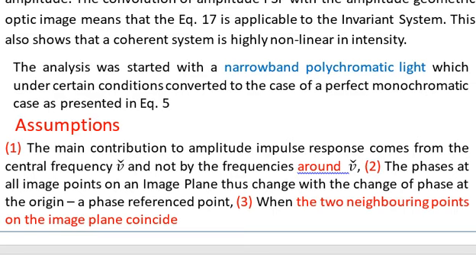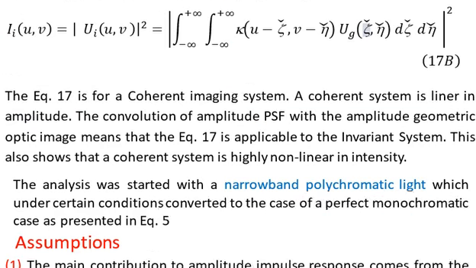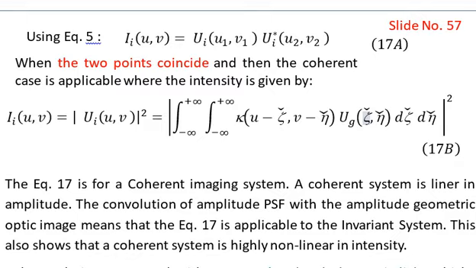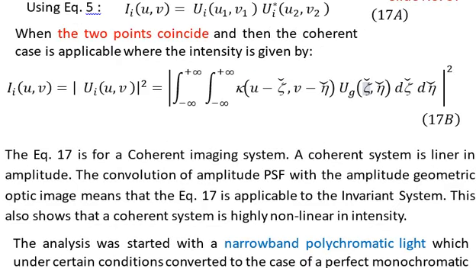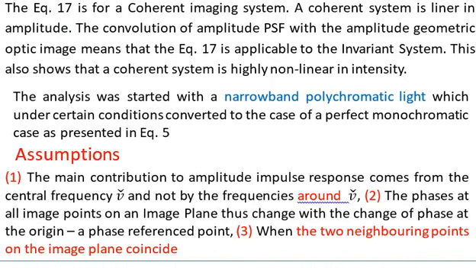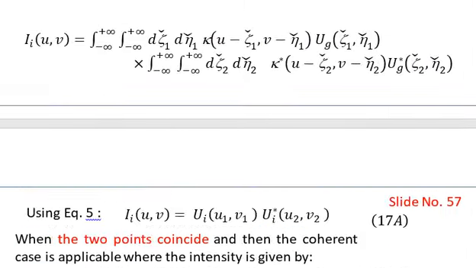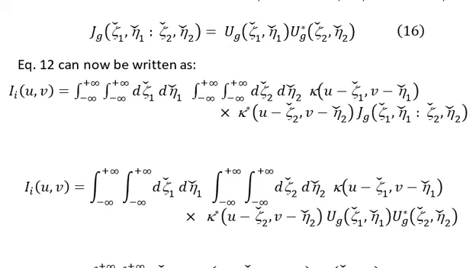So we are assuming, while writing the amplitude impulse response, that is while writing the kappa expression, that the main contribution to kappa is coming from the central frequency and not from the other frequencies. This is what we also assumed when writing the expression for a narrowband polychromatic light source. The first intensity expression that we have written also involves kappa, and this kappa does not involve any time dependence.